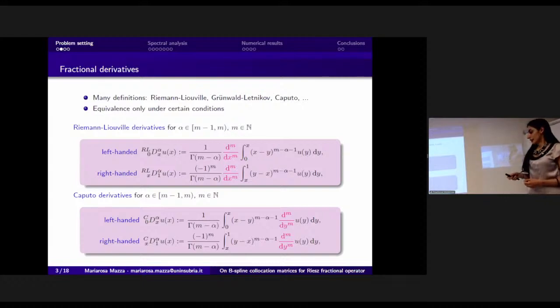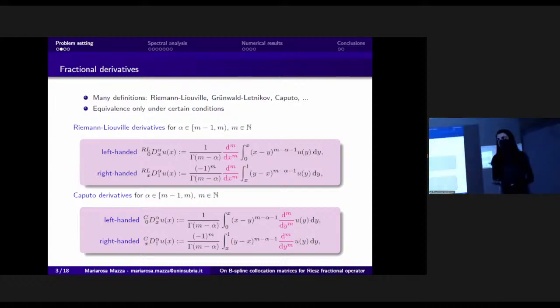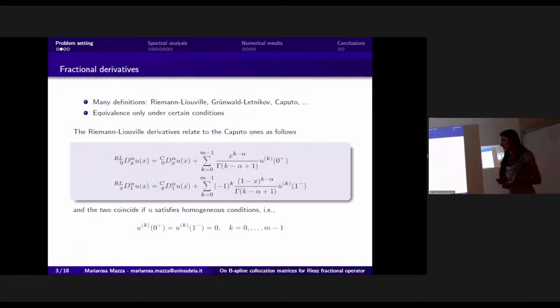When the derivative that we have here in front of the integral comes inside the integral, then we talk about Caputo derivatives. This kind of definition is typically preferred for time problems, because usually the solution is more regular in time than in space in the applications. And of course, this kind of definition is asking more regularity in the solution than the previous one.